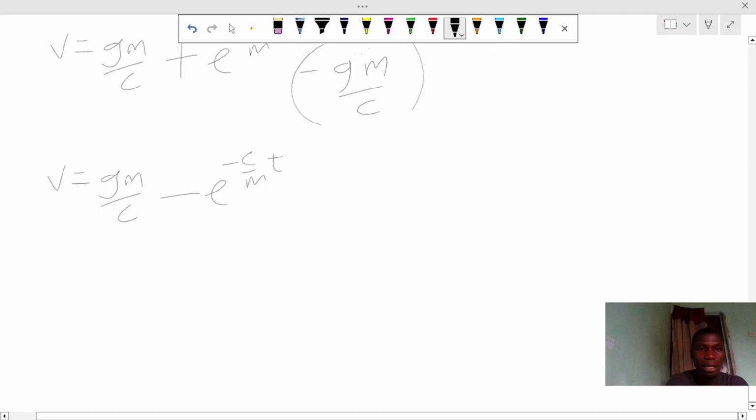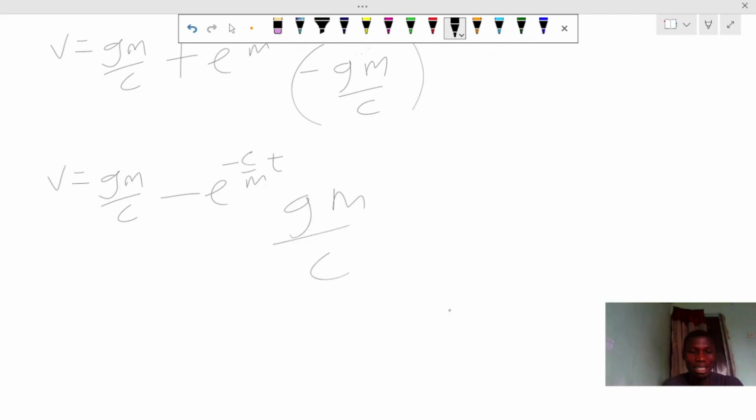Now we can see that gm is common to both terms, so we can factor out gm.